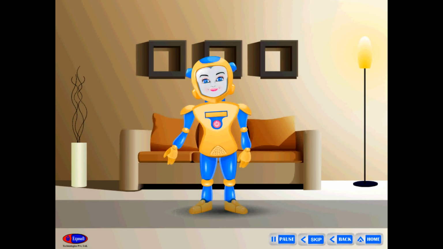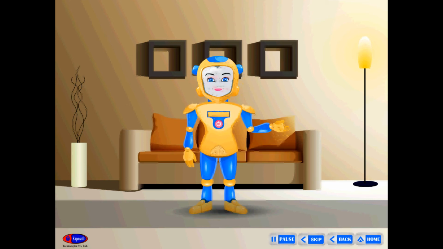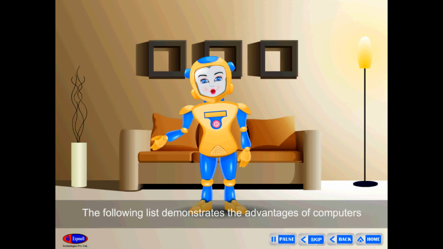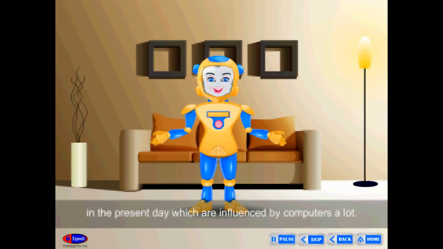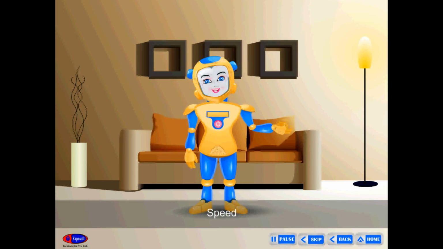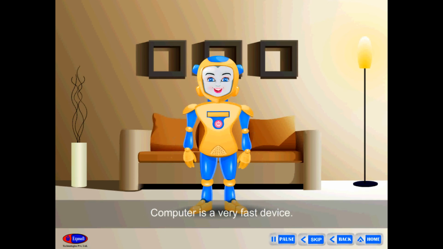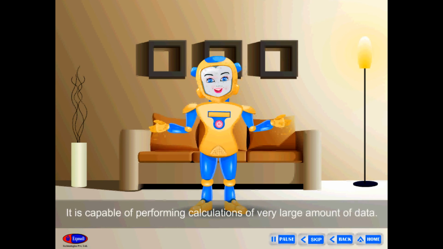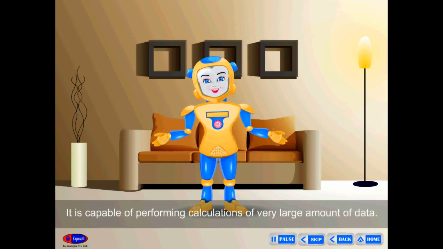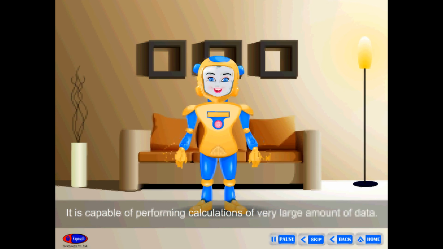Advantages of computers. Friends, look here. The following list demonstrates the advantages of computers in the present day, which are influenced by computers a lot. Speed. Computer is a very fast device. It is capable of performing calculations on very large amounts of data.